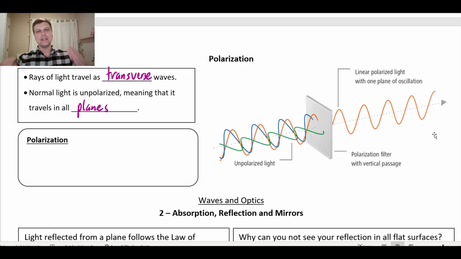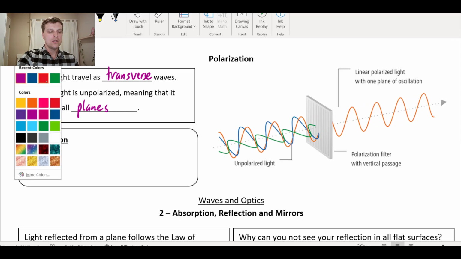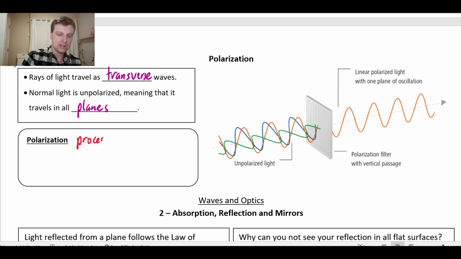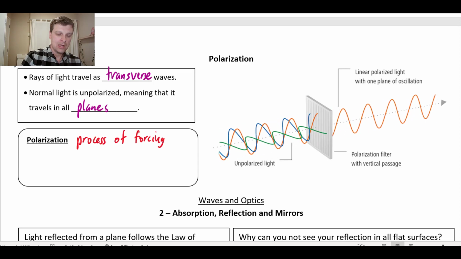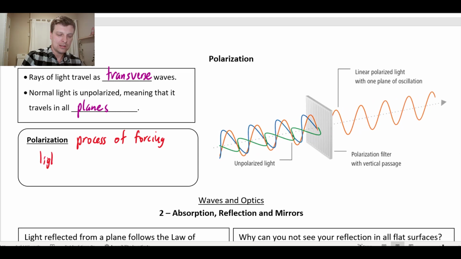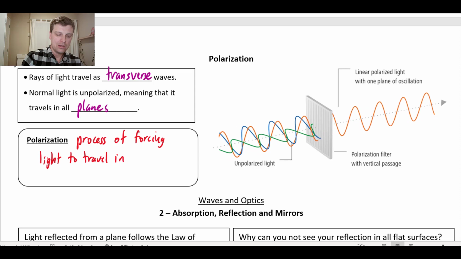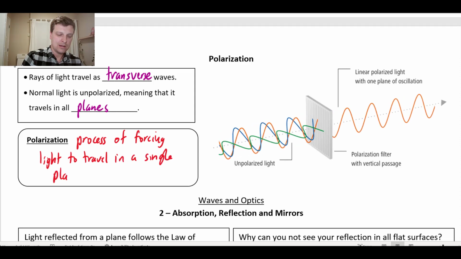Now, polarization is basically the process of forcing light to travel in a single plane.